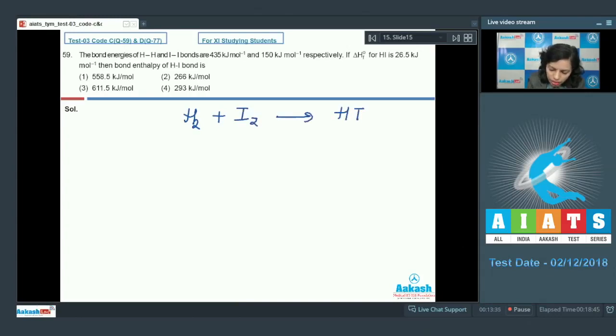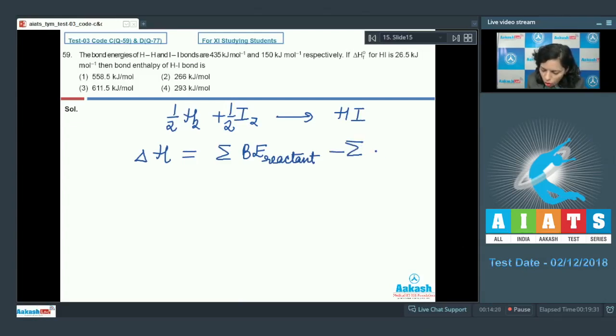It's forming HI, and that we can also represent as this. And if you want to find out the enthalpy for a certain compound, that is equal to sum of the bond enthalpy for the reactant minus sum of the bond enthalpies for the products.